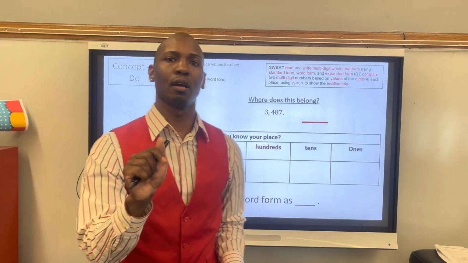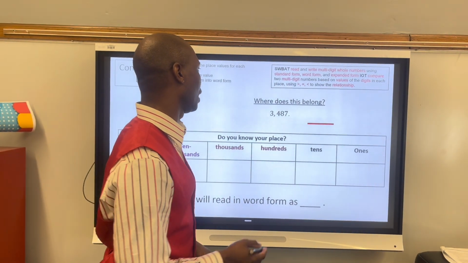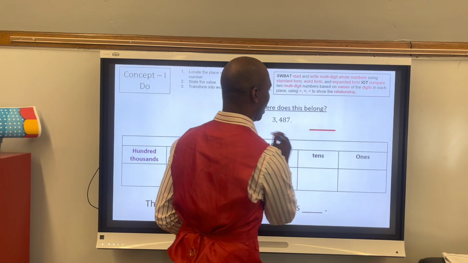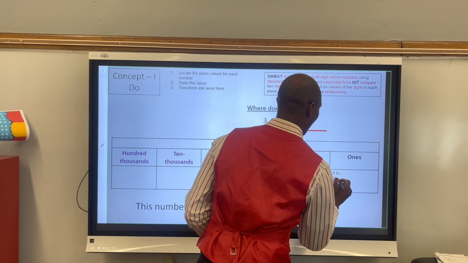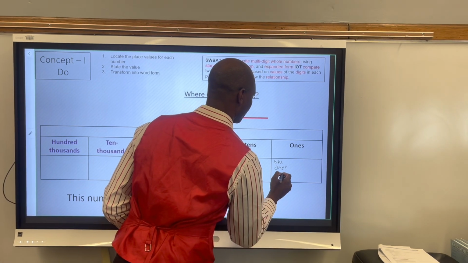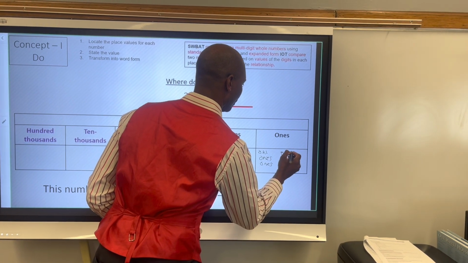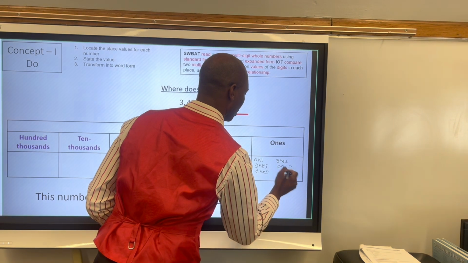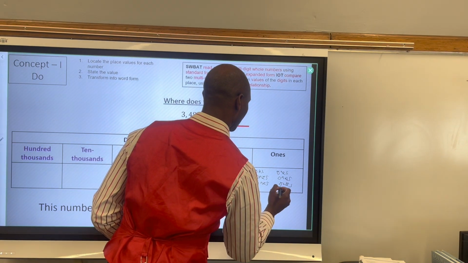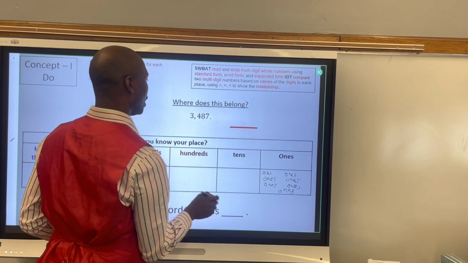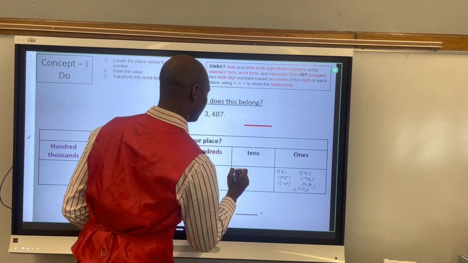Based on what we have learned previously in place value, we know we should have our little things in place. So we can write ones. I know I have 7 ones. I know I have 8 tens.